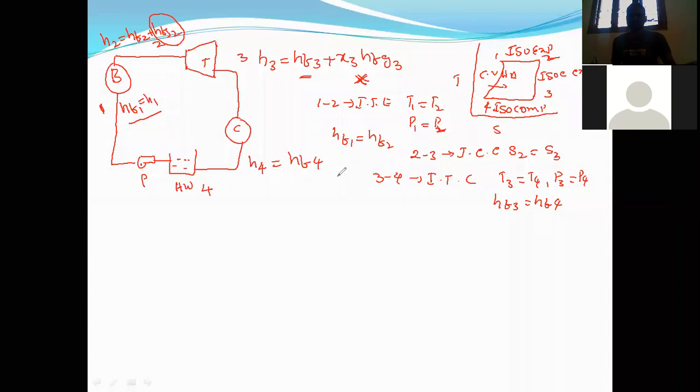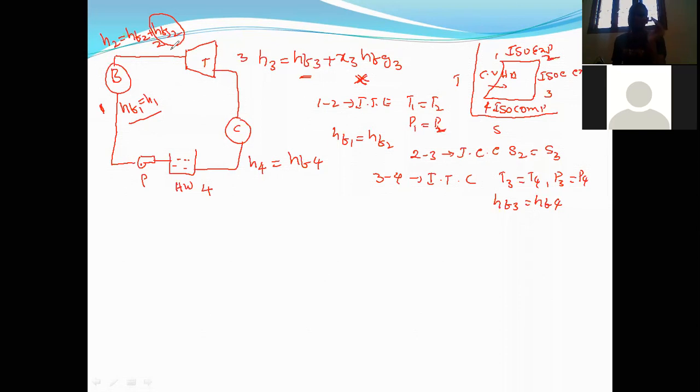Sir, is HF2 equal to HF3 possible? Yes, we can write that. Why? Because we are not going to touch the sensible heat here. When work is done, only some amount of latent heat is converted into work. When it is steam, there will definitely be latent heat, and when there is latent heat, there is no loss of sensible heat.